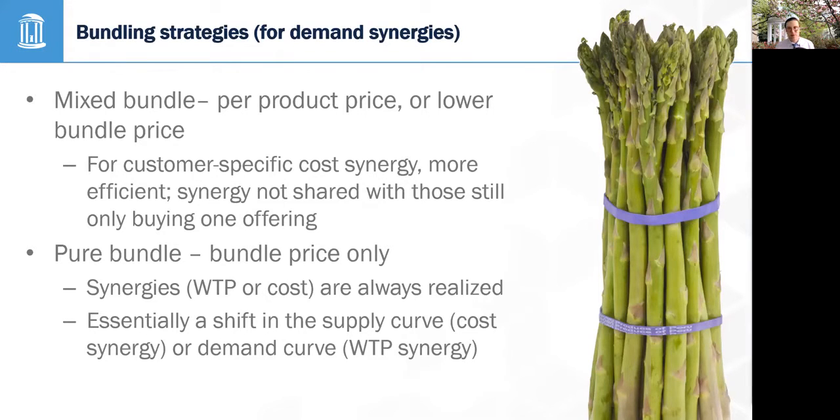You can also see a pure bundling strategy if you see an order minimum and orders below a certain amount are not accepted at all, which some businesses do as well. And when you have these pure bundling strategies, essentially the synergies are always realized, whether they're cost synergies or willingness to pay. And functionally, they're the same as shifting the supply curve or shifting the demand curve or both.